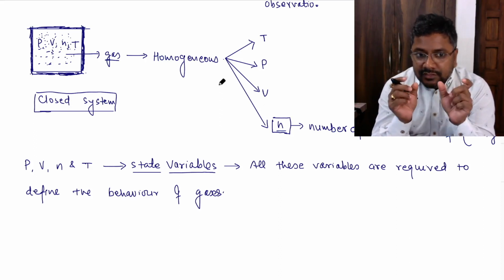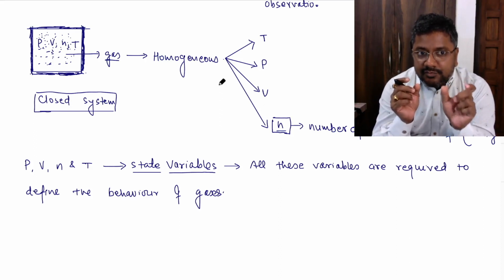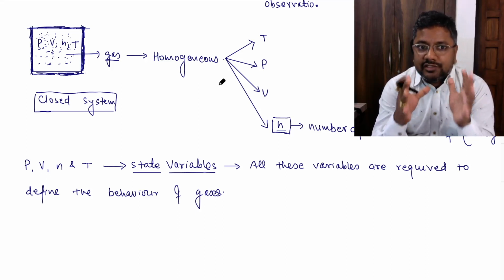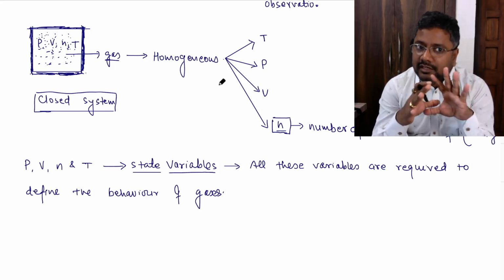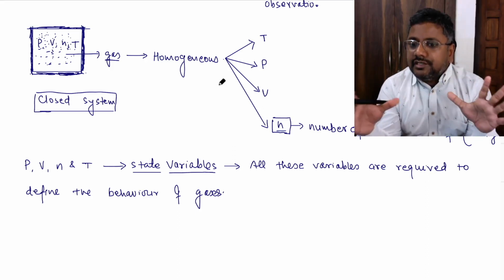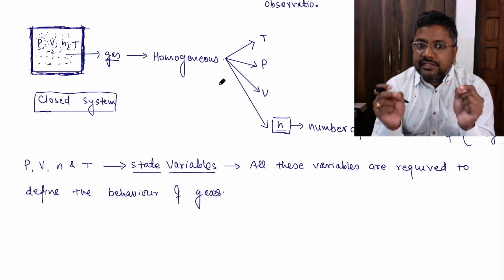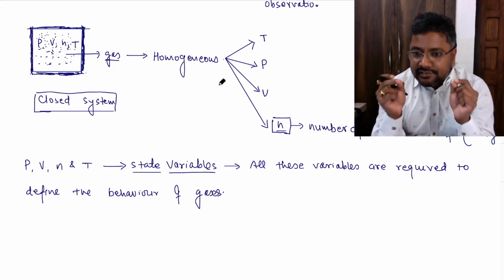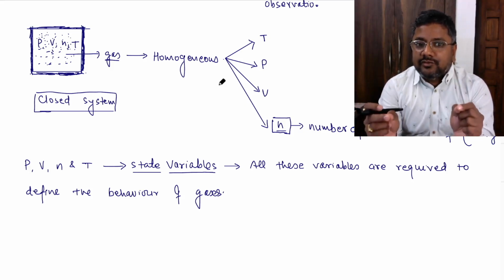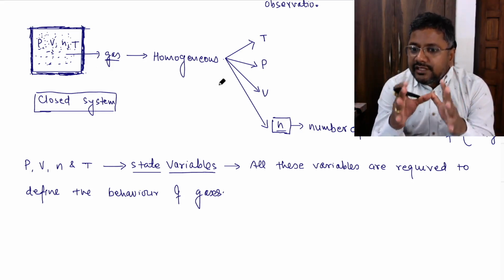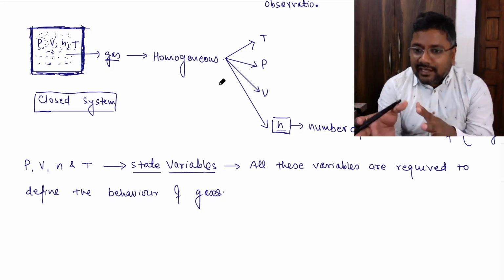And you know, the fixed values of this P, V, N and T means if you have taken a system, gas in a system, and all the variables are now constant with respect to time, then that condition of your system is called state. State means not solid, liquid, gas.